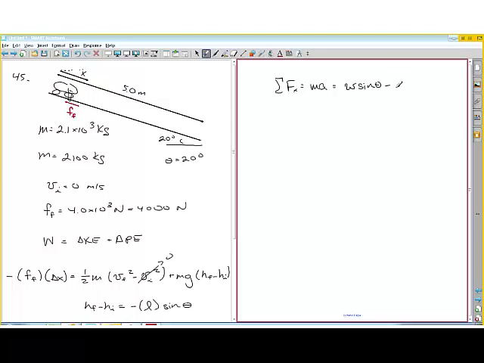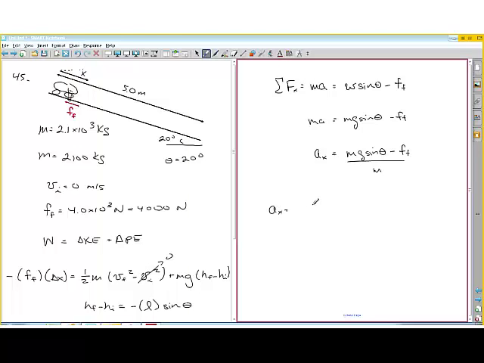We'll plug it back in later. And we know the mass, so the weight's going to be mass times g times the sine of theta minus the friction force. So we can solve for the acceleration, a sub x, and that's going to be mg sine of theta minus the friction force divided by the mass.